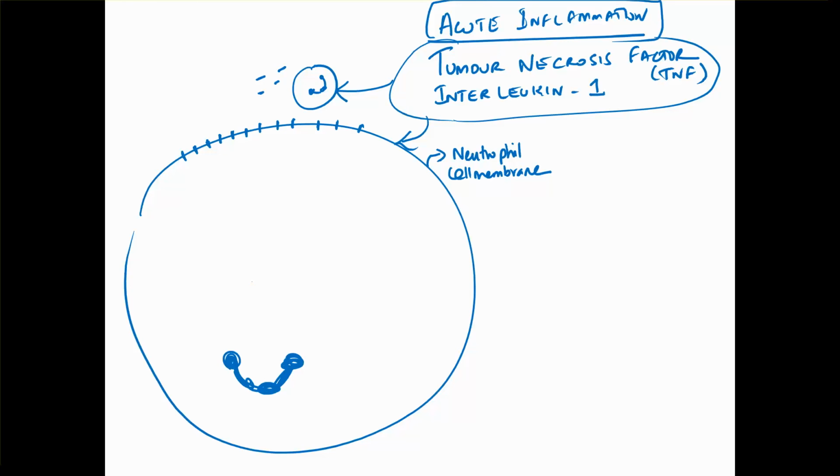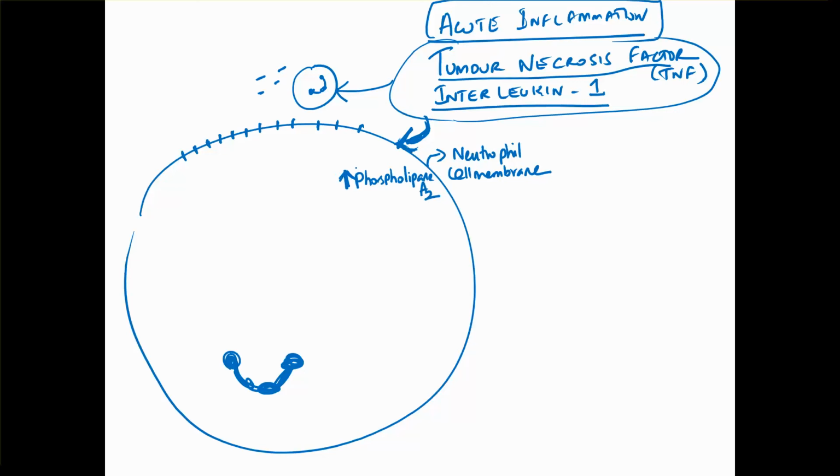Understand? And what this TNF and interleukin 1 do is, they increase the enzyme called phospholipase A2. This enzyme is increased in the neutrophil during acute inflammation because of TNF and IL-1.